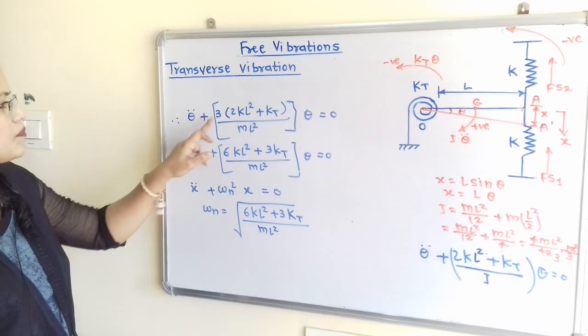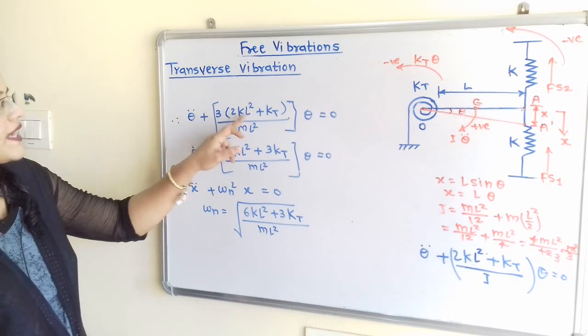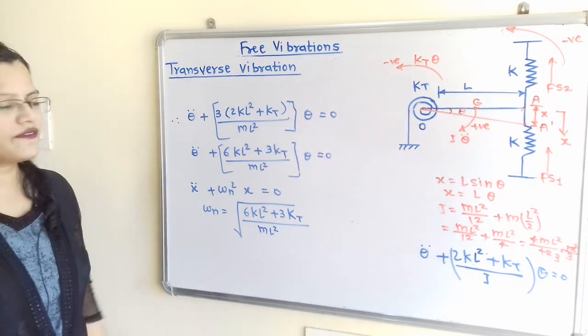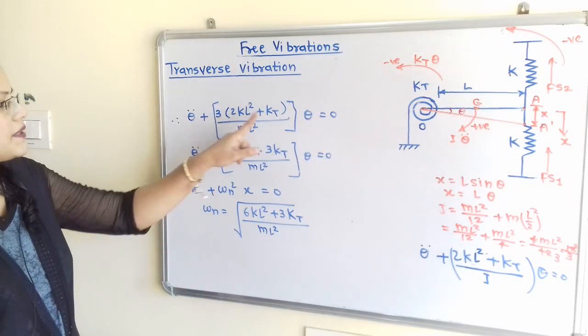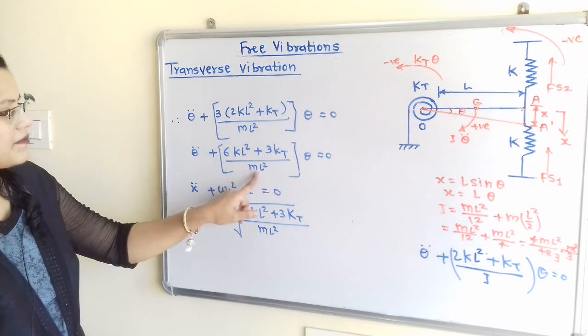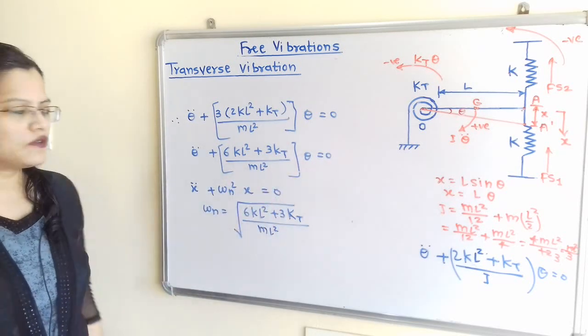So theta double dot plus 3 in the bracket 2kl square plus kt bracket complete divided by ml square theta is equal to 0. Now we will multiply inside. So 6kl square plus 3kt divided by ml square theta is equal to 0.